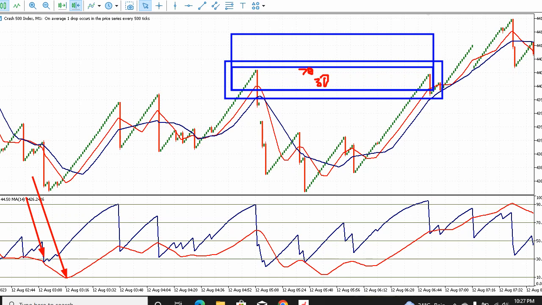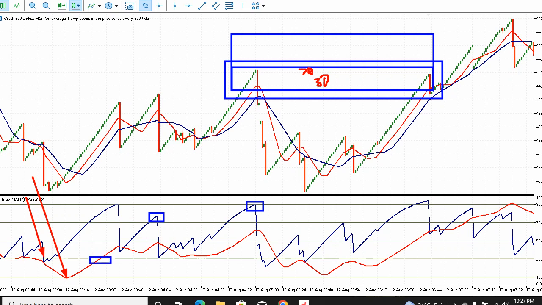But if you change this setting to period 3 or period 4 or 5, you will notice that it will touch even above 90, above 200 or whatever. But as long as it is on period 14, it will be working mostly in between the 70 level and 30 level.